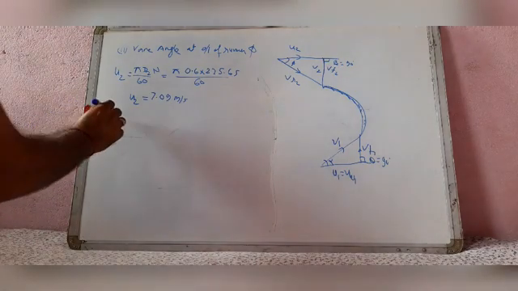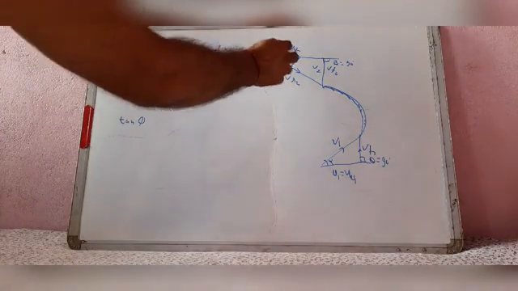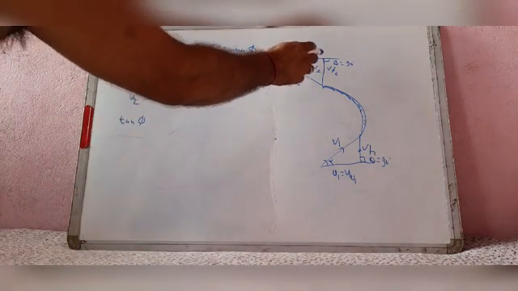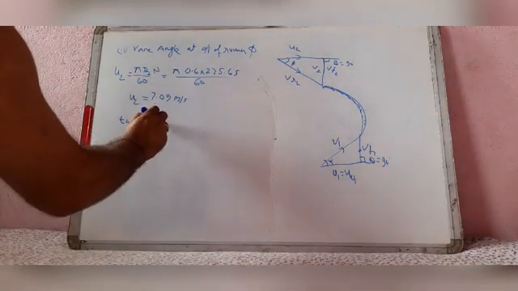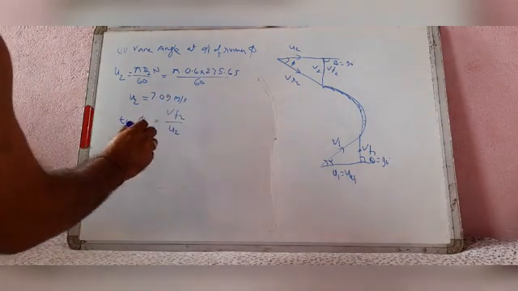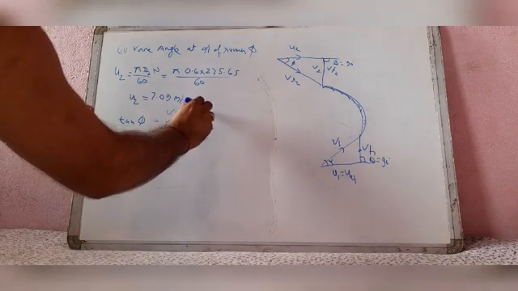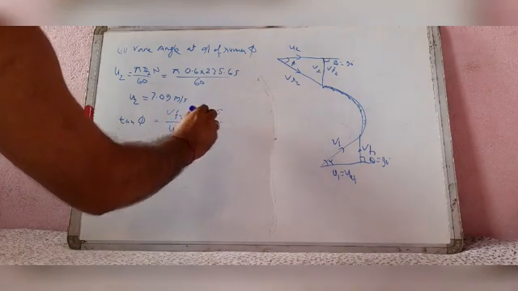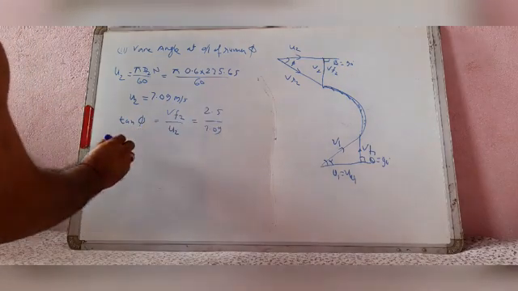From the outlet velocity triangle, tan phi equal to VF2 by U2, putting the values here. VF2 is 2.5 and U2 we have calculated 7.09.